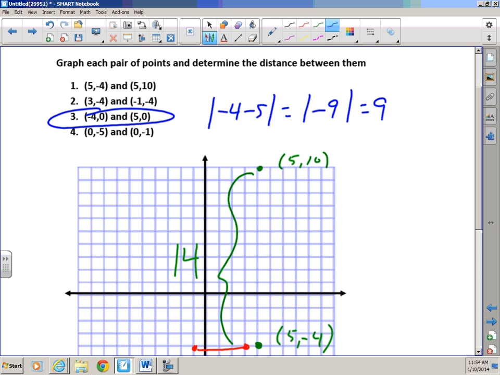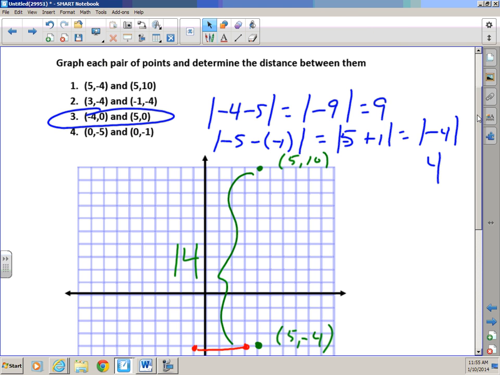And then in here, since the x's are the same, it's going to be the y's that I'm going to subtract. So negative 5 plus 1 is negative 4, which is 4. Okay?